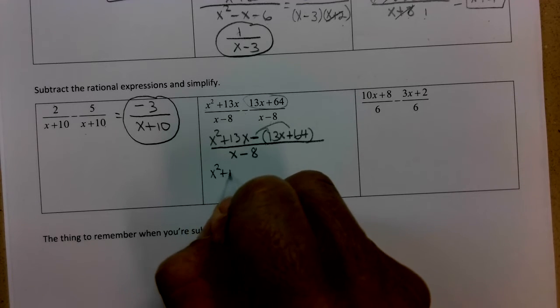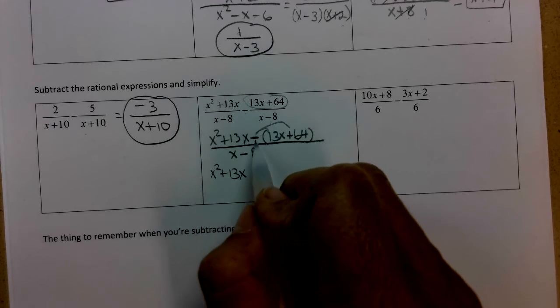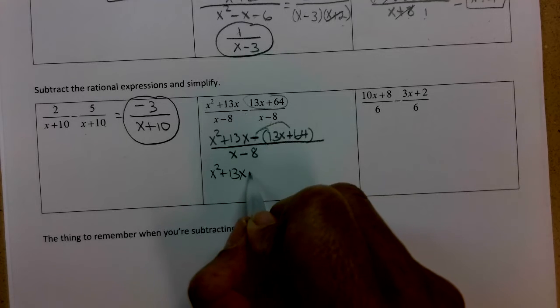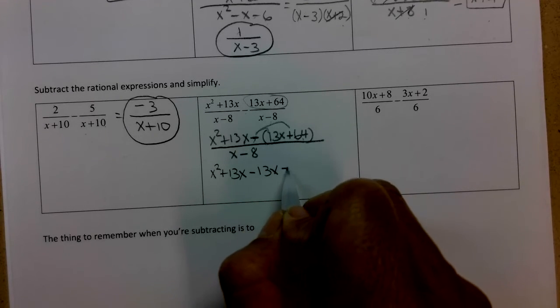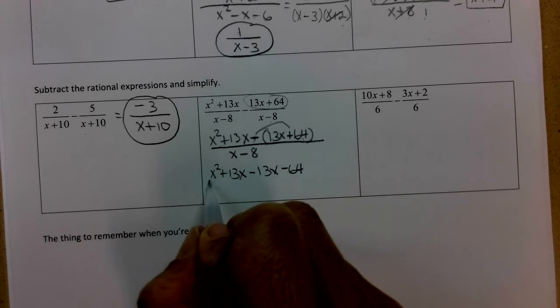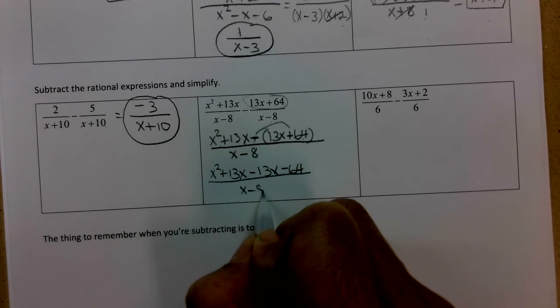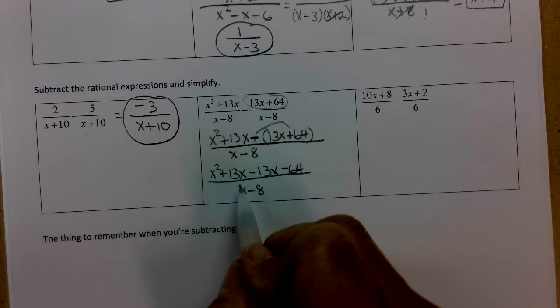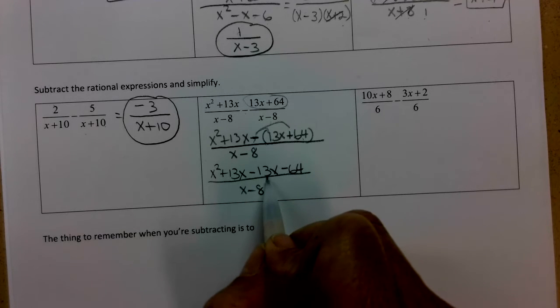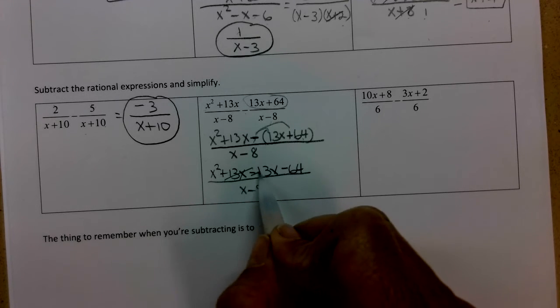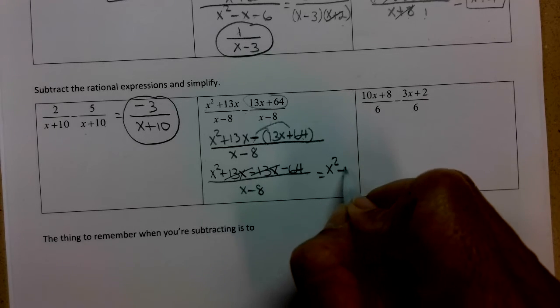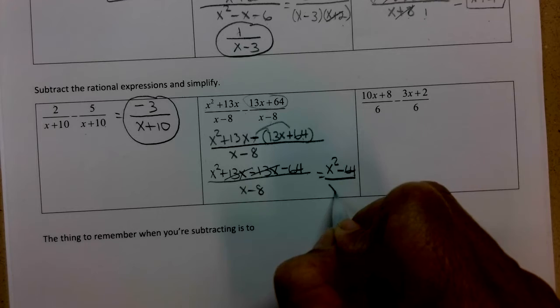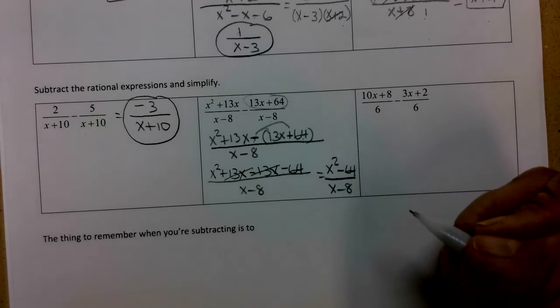So x squared plus 13x, I'm just copying along, and then I have minus 13x minus 64, all over x minus 8. So the 13x and the negative 13x add away, and I am left with x squared minus 64 for the top and x minus 8 for the bottom.